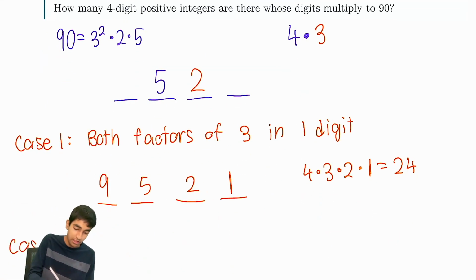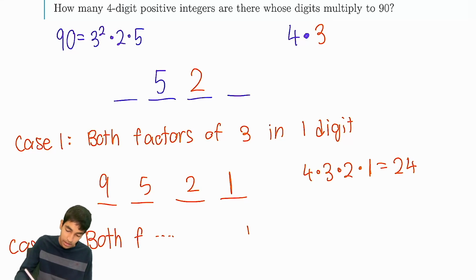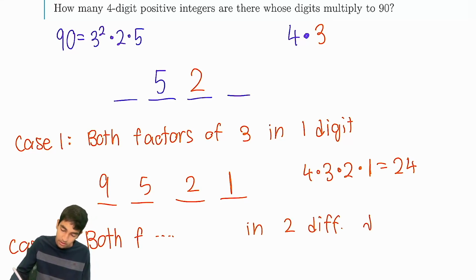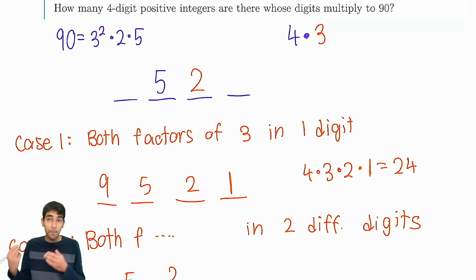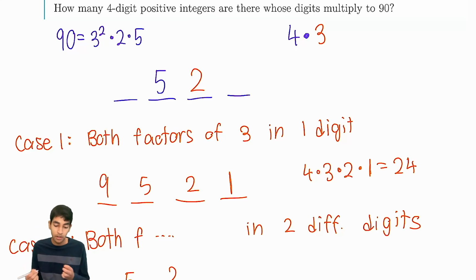And now case 2, and this is a little bit harder. Both factors of 3 in 2 different digits. Okay, so what does that mean? We have 5, 2. That means both of these 3s have to be on different digits, and where can they be? So this 5 is locked, right?